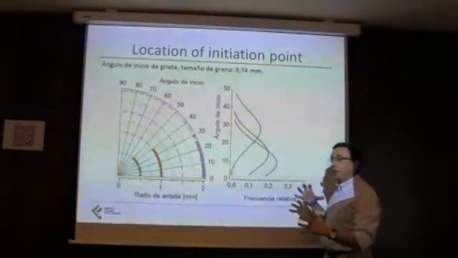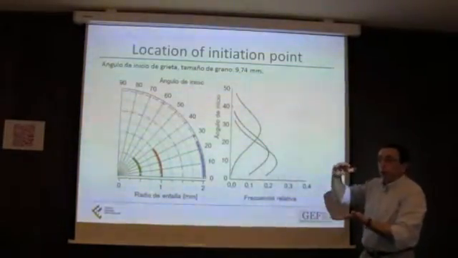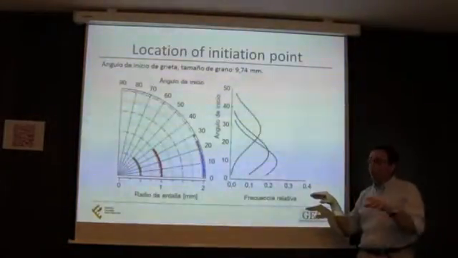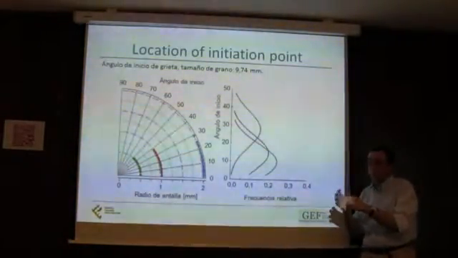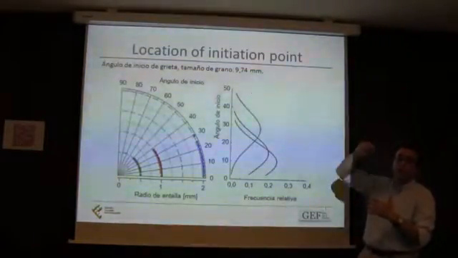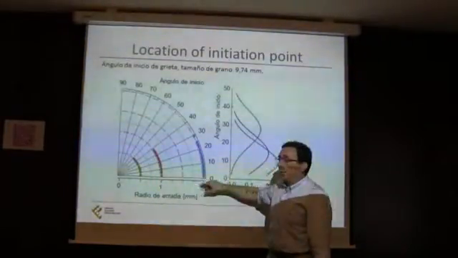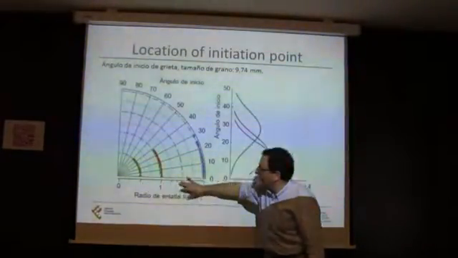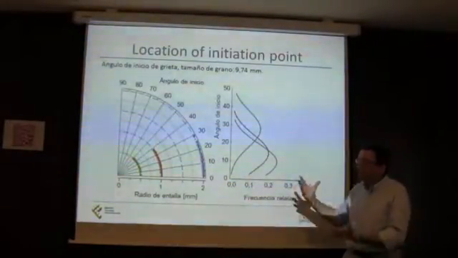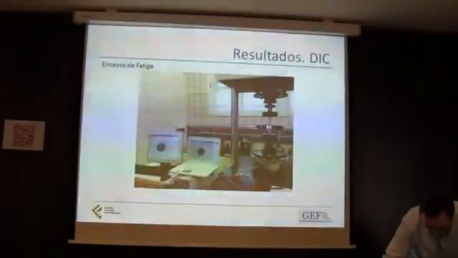So the bigger the hole, the more likely you are to have the initiation point closer to the plane of symmetry. But when you go for holes that are smaller and smaller, you end up having more possibilities of initiating the crack in different positions of the hole. And as I said before, this is something that we have seen in our models, but of course our model is very simplified, and it's hard to compare with what's here, right?